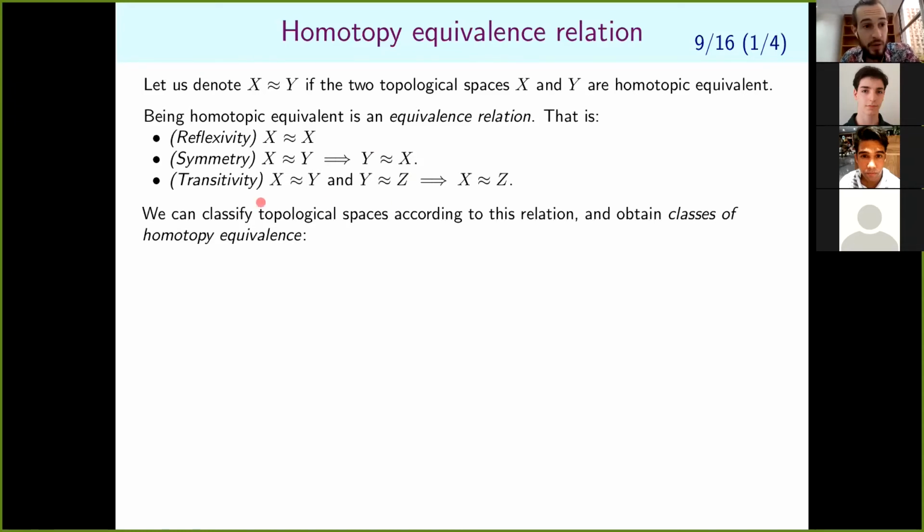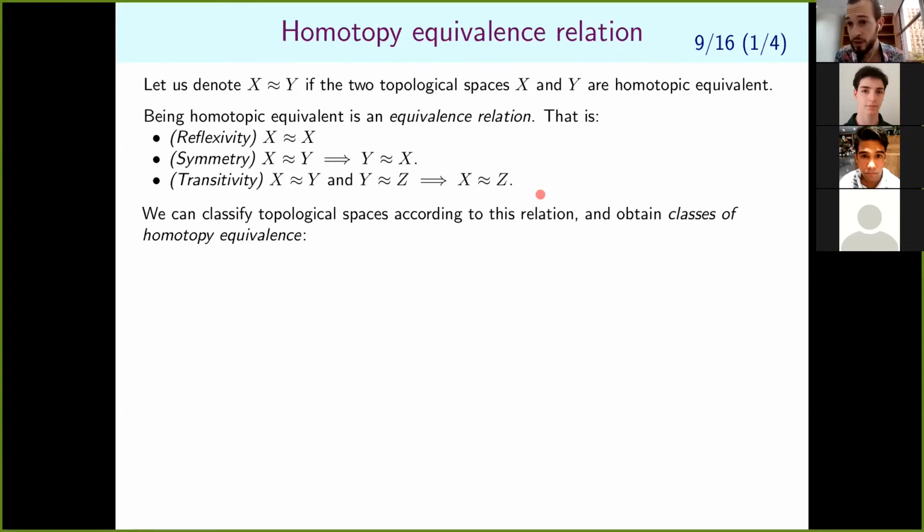And at last, transitivity. If I have three spaces such that X and Y are homotopy equivalent and Y and Z are homotopy equivalent, then X and Z are homotopy equivalent. This relation is transitive. That means that being homotopy equivalent is an equivalence relation between topological spaces.